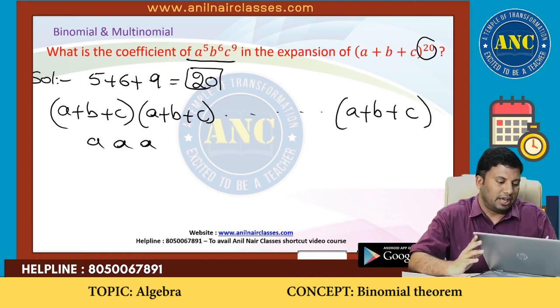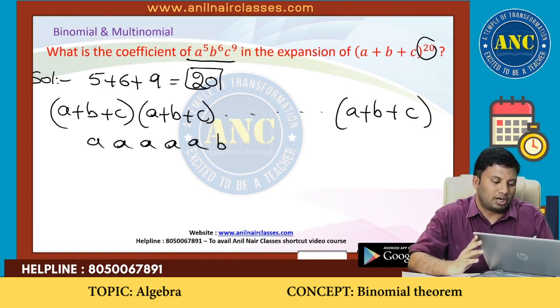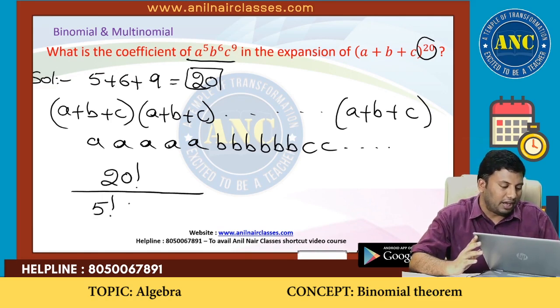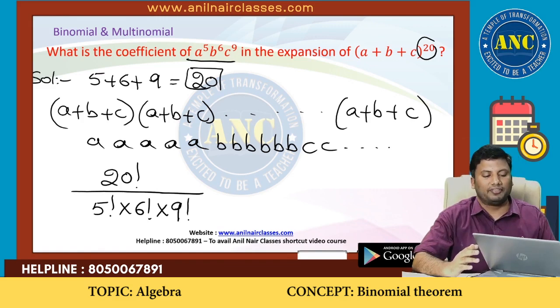I want A 5 times. I want B 6 times. I want C 9 times. So, total 20 letters can be arranged in 20 factorial by 5 factorial into 6 factorial into 9 factorial.